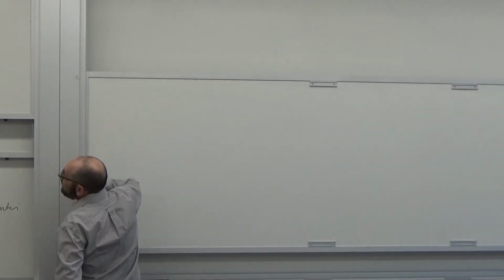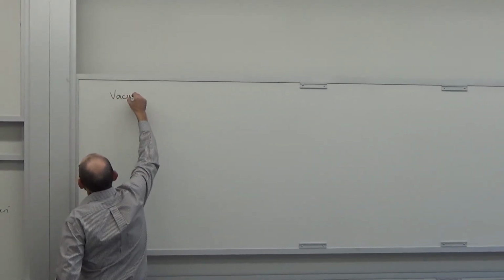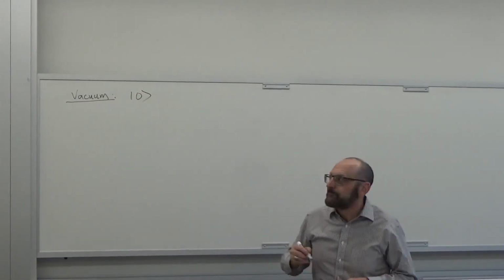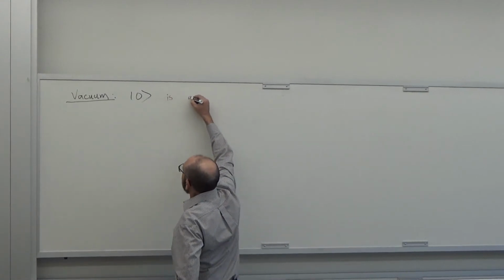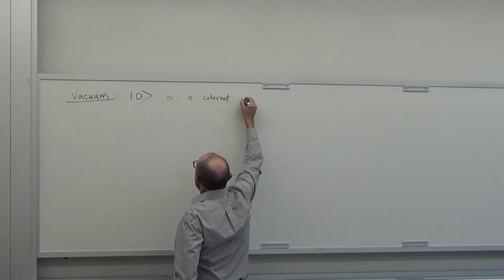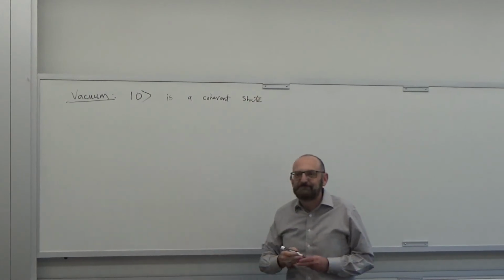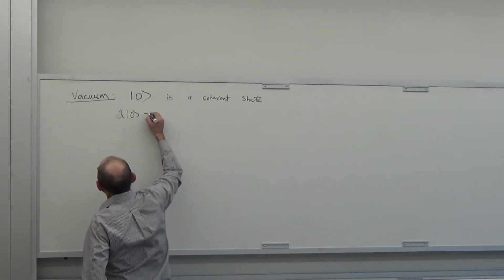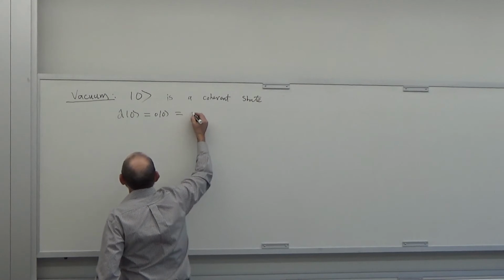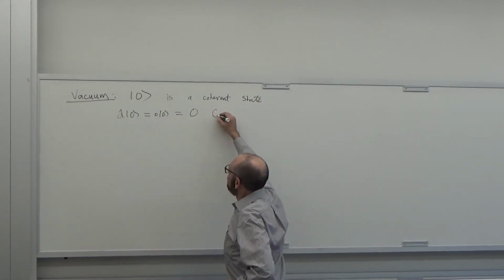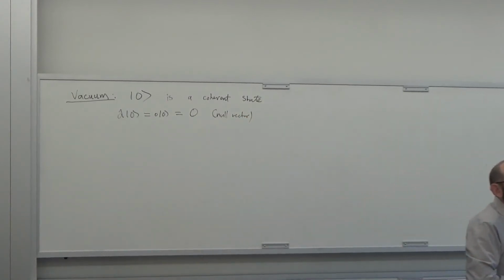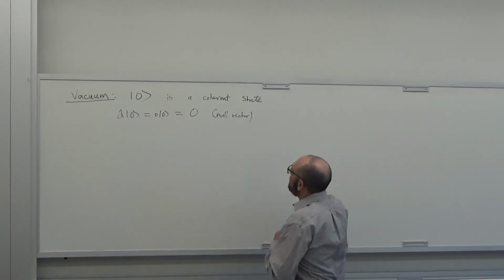So, if the vacuum is a coherent state, right? If I look at the annihilation operator operating on that, it's an eigenstate of the annihilation operator with eigenvalue 0.